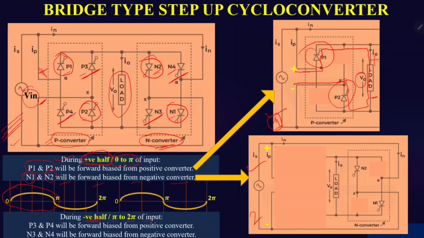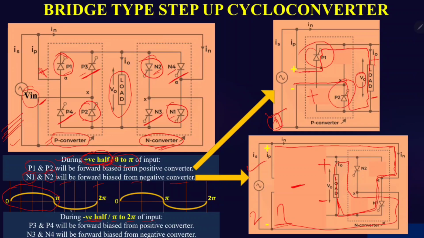Here also the current will flow from here, then go to N1 and to the load, then N2, and again get back to the negative. Here, whatever output voltage we are getting, this is the positive side and this is the negative side, and this is the direction of the current flow. So here we are getting a negative voltage, and in the other circuit we are getting a positive voltage. So this is the direction of the current flow during the positive half cycle.